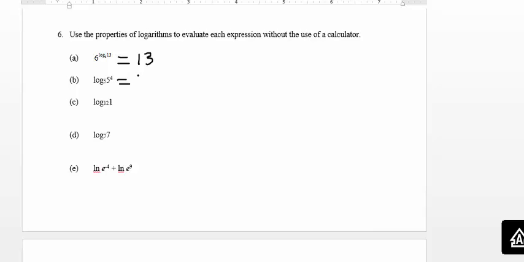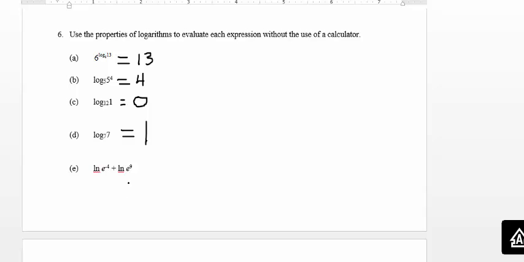And the result, of course, is 4. Here, we want to know what exponent do you apply to 12 to get 1? That result is 0, because 12 to the 0 power is 1. Here, what exponent do you apply to 7 to get 7? The result, of course, is 1.